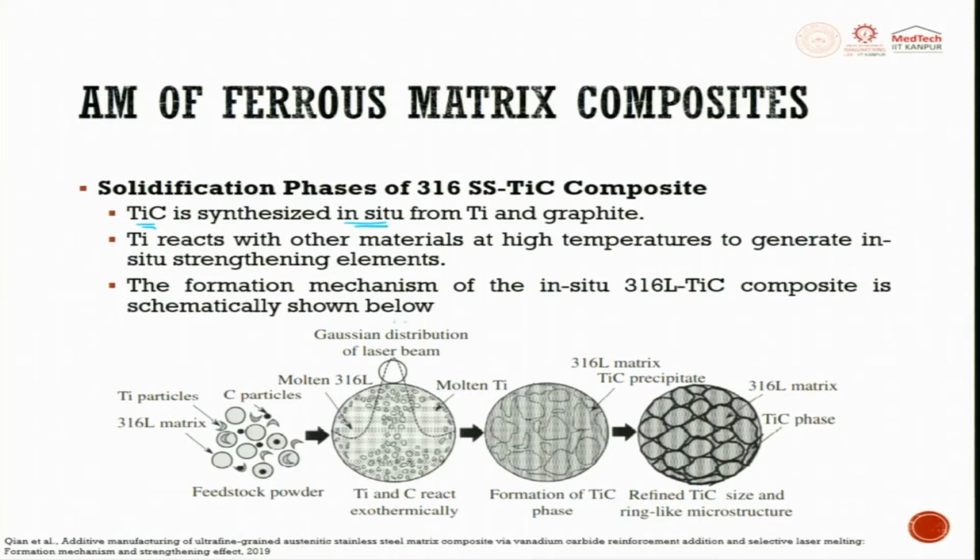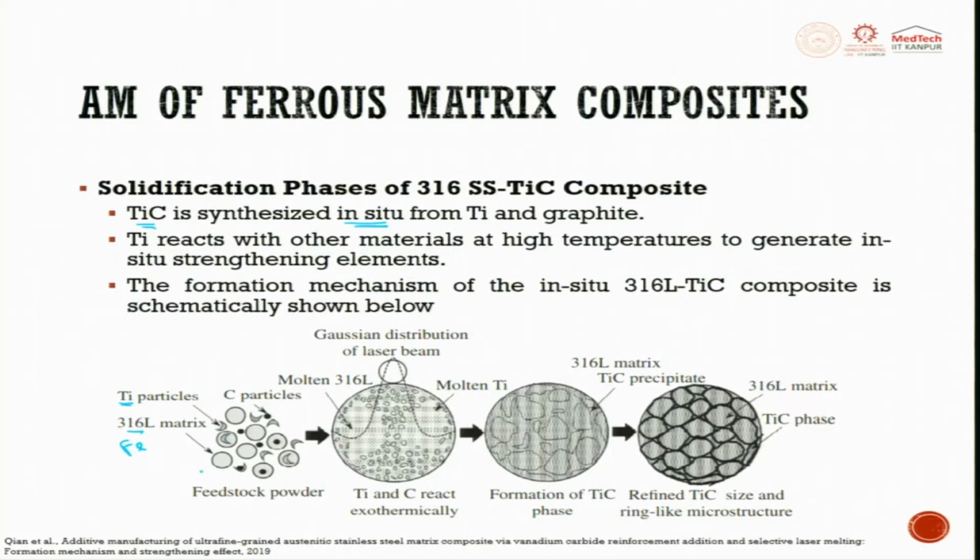So, you have a Gaussian distribution of laser beam hitting a surface. This is the feedstock powder, wherein these are all 316 matrix, which is basically iron, and then you have Ti particles mixed, and you have graphite added.